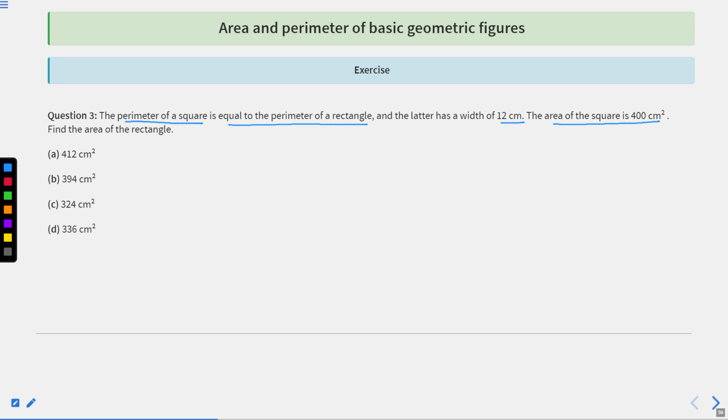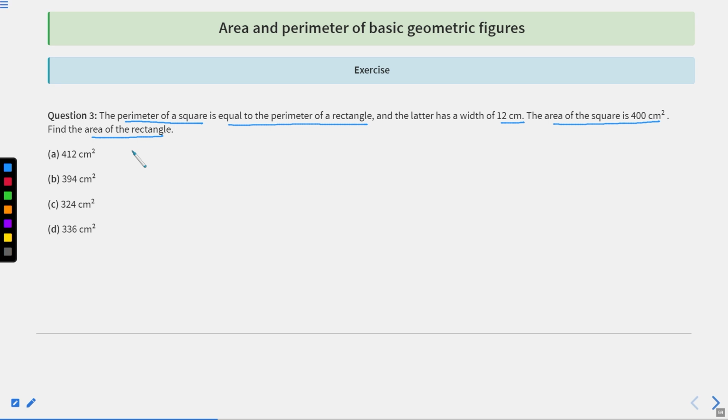Find the area of rectangle. So there is a lot of information given to us in the question. So first information is perimeter of square is equal to perimeter of rectangle, and width that is given to us is 12 centimeter. Area of square is given to us, and we have to find the area of rectangle.